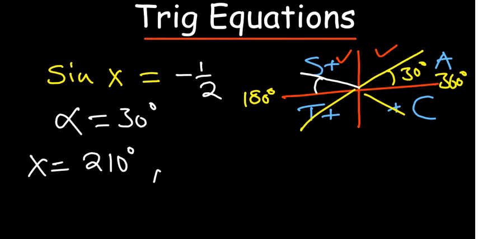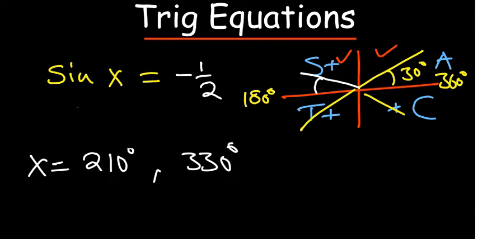From 360 minus 30 is 330. If you get your calculator, sine 210 is negative 0.5, and 330 is also negative 0.5. Those are the two solutions between 0 and 360 that satisfy that equation. Notice that I've not included 30 because sine 30 gives us a positive 1 over 2, but we're still using it as a reference angle to get the solutions from the other quadrants.